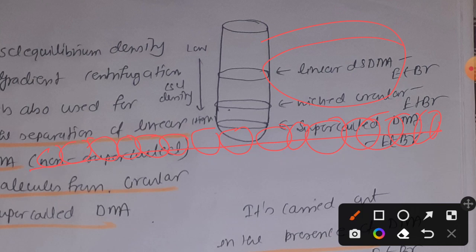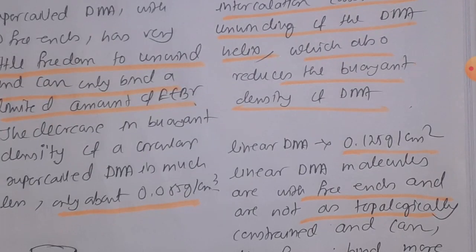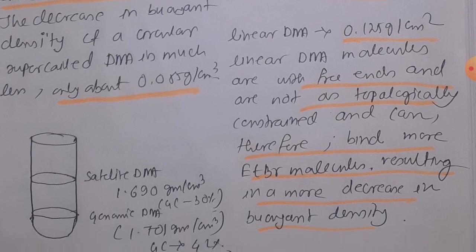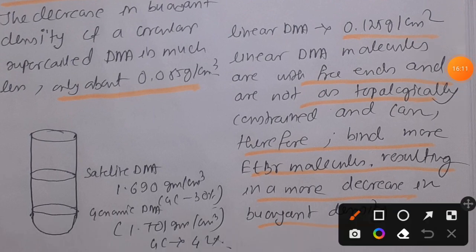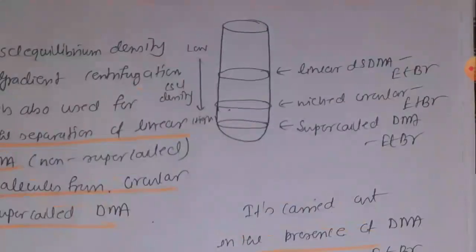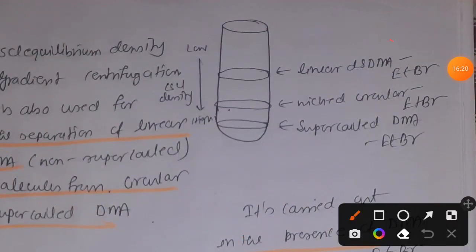And as a result, there will be a significant decrease in buoyant density in case of linear DNA molecule, as much as 0.125 gram per centimeter cube. So that is why you will get linear DNA molecule at the top of the tube. That means the band you are getting at the top will be for linear double-stranded DNA molecule.